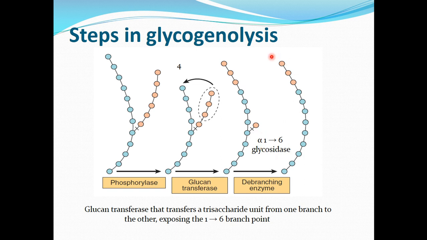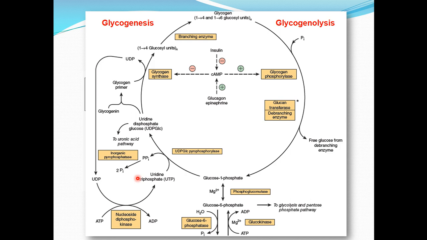Then phosphorylase action can proceed, that is the sequential removal of glucose molecules from the outermost chain of the glycogen molecule. Now this glucose 1-phosphate will be isomerized into glucose 6-phosphate by phosphoglucomutase, as it is a reversible reaction.